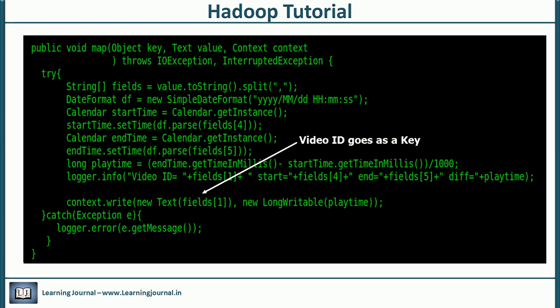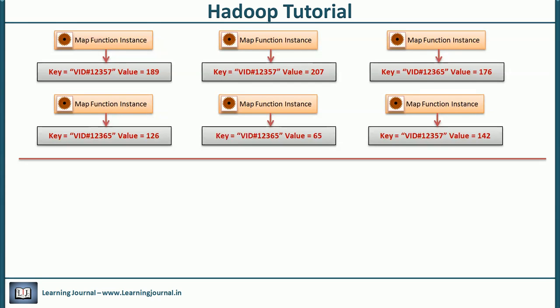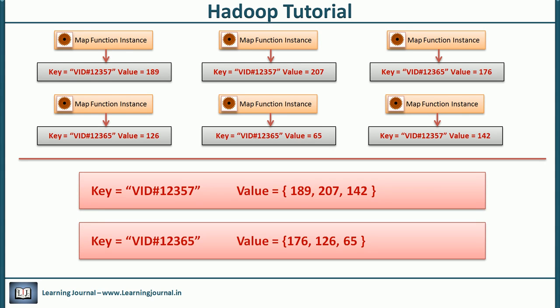I'm sure you already guessed the effect of using video ID as a key. In our sample data file, we have data for 2 unique video IDs. So this time the framework will see 2 unique keys and hence it will create 2 records for the reducer. 1 record for each video ID.